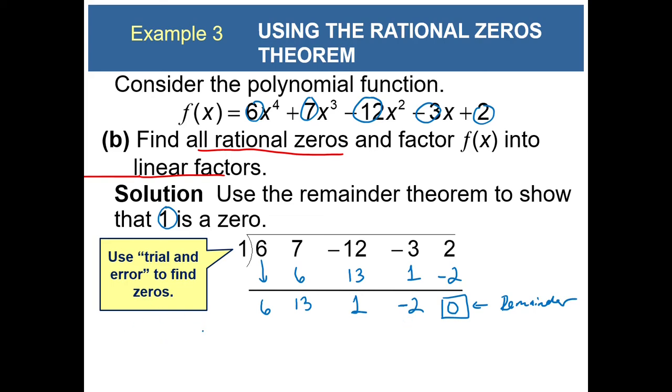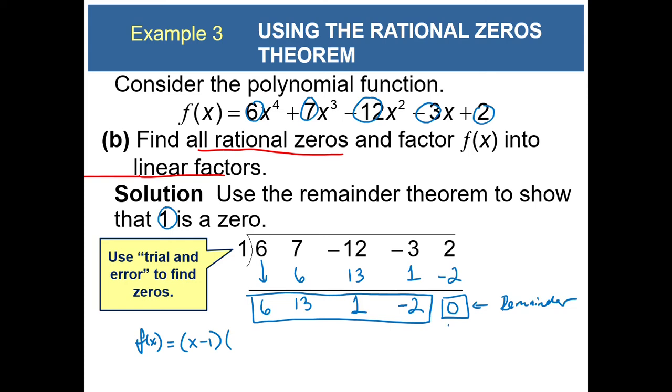Our remainder is 0. That means f of x can be written as x - 1, since f of 1 produces a 0, we know that x - 1 is a factor.